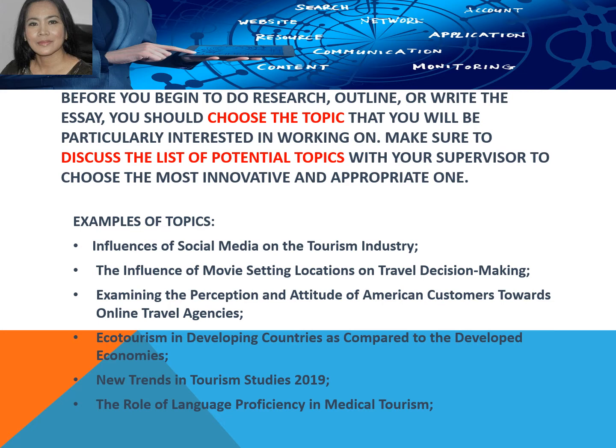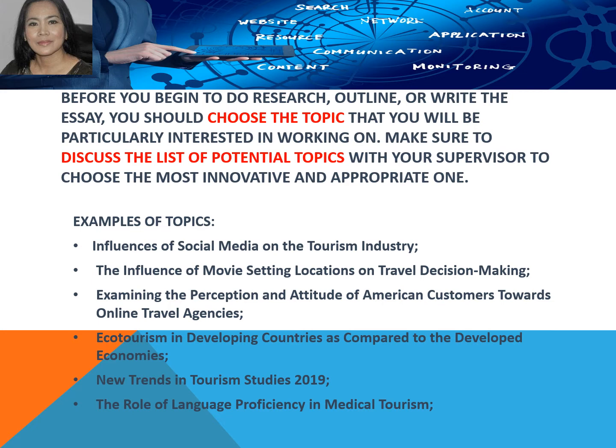When you have to do that research paper or that KP, you have a supervisor that you can communicate with, and this supervisor will have ample experience to help you decide whether your topic is good, appropriate, and will generate new knowledge to the area that you are looking at.